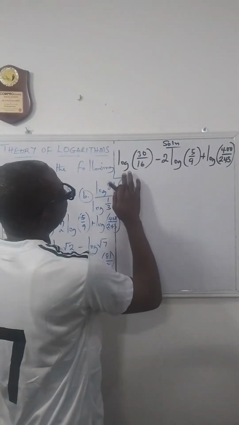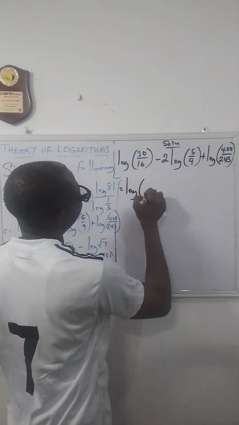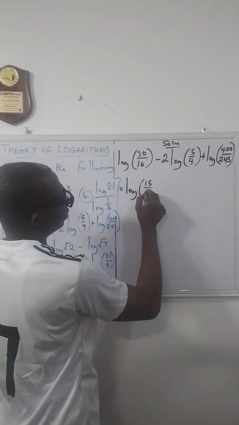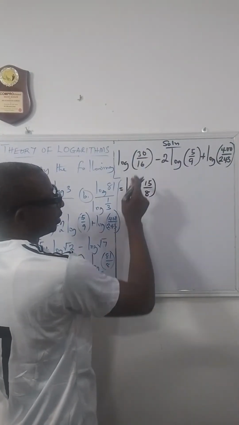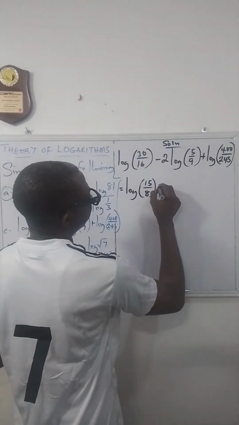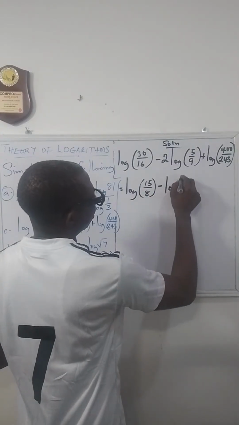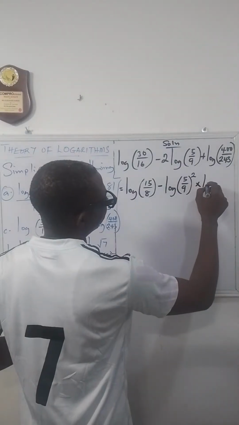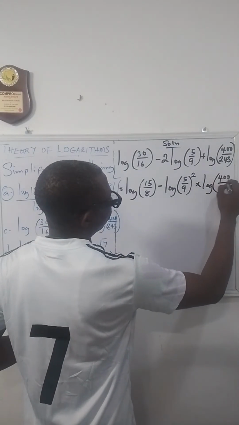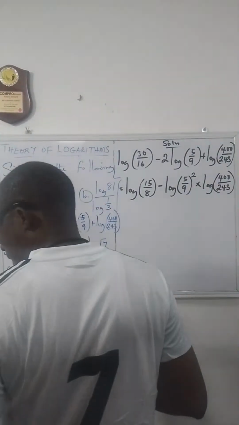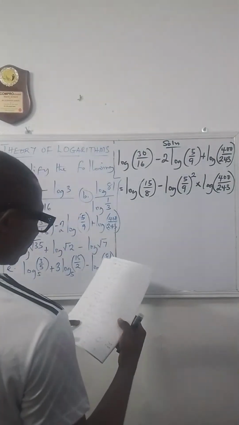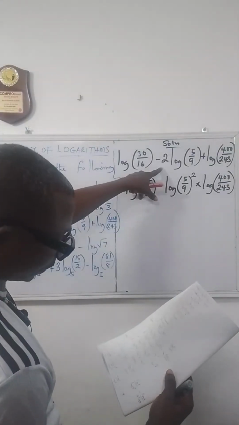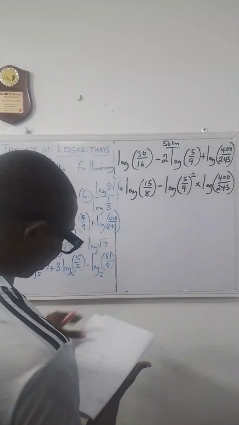So this is the same thing as logarithm of 30 over 16. We can simplify this. When you simplify this, you have 15 over 8. 2 goes into 30 is 15, and into 16 is 8. So minus logarithm of 5 raised to the power of 2 times logarithm of 400 over 243. Okay, so that is what we have there. I want to be sure that this is 2 or 3. Last question.